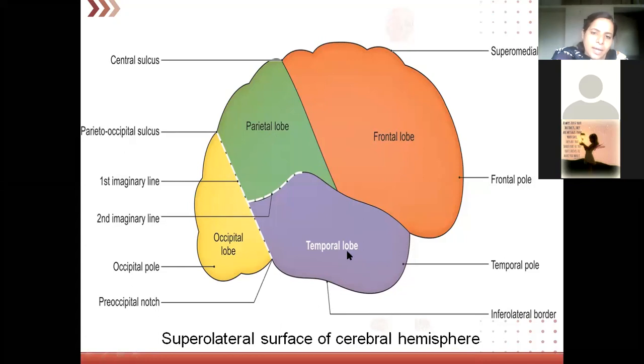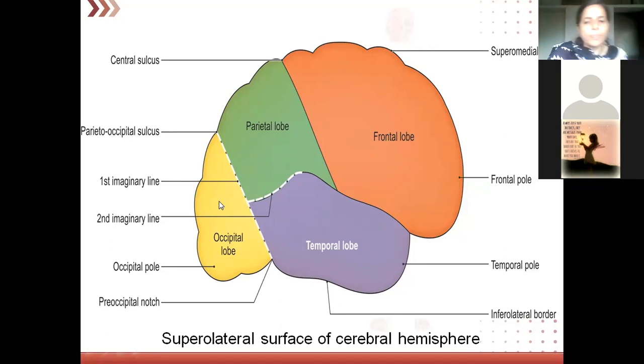The sulcus between the temporal and frontal lobe is called the lateral sulcus, which is very important. The parieto-occipital sulcus is only shallow, and you are just extending the lines to join the lateral sulcus to divide this whole superolateral surface into four lobes.